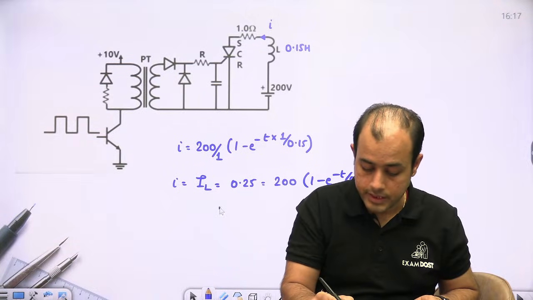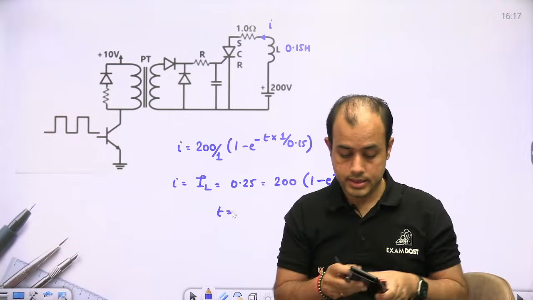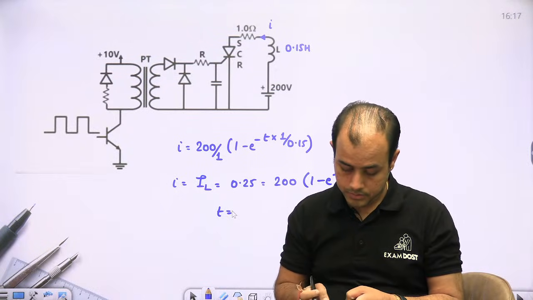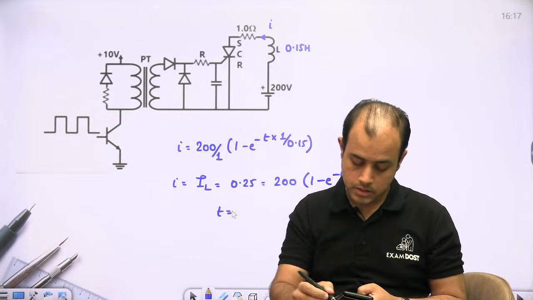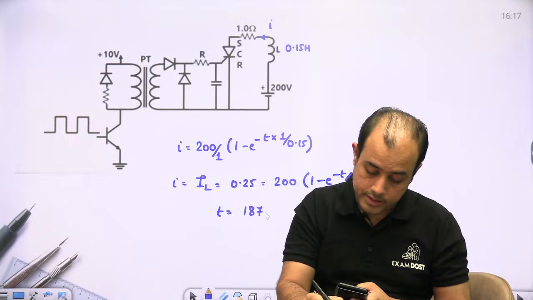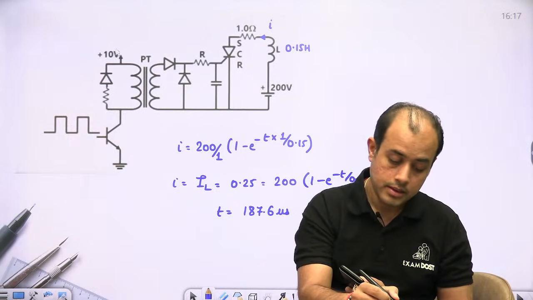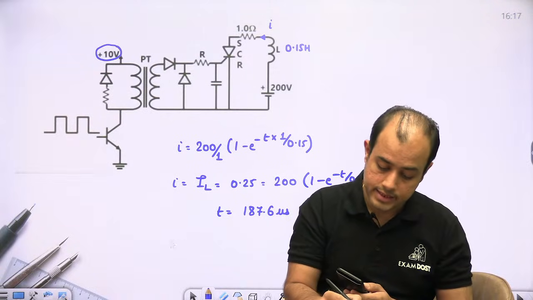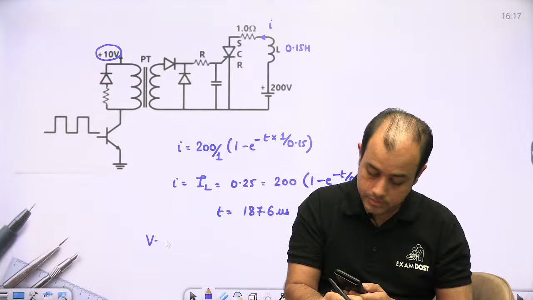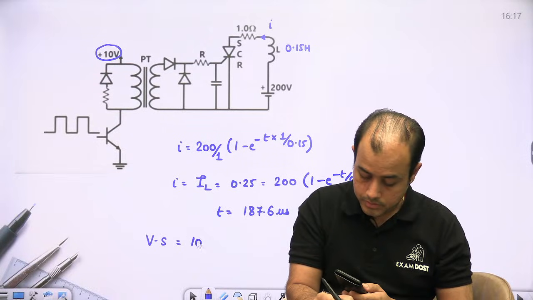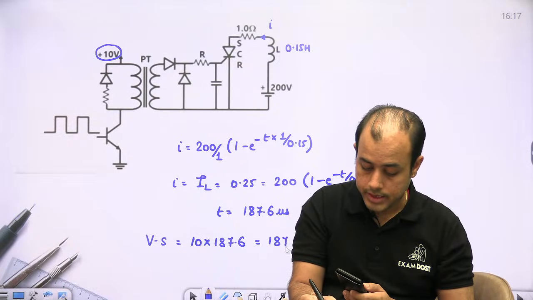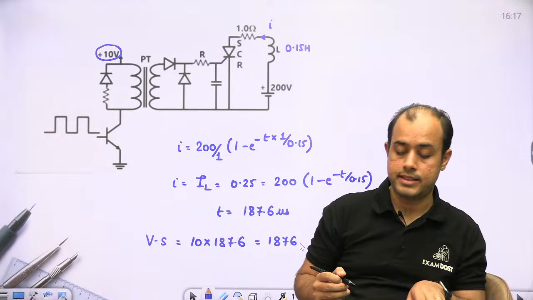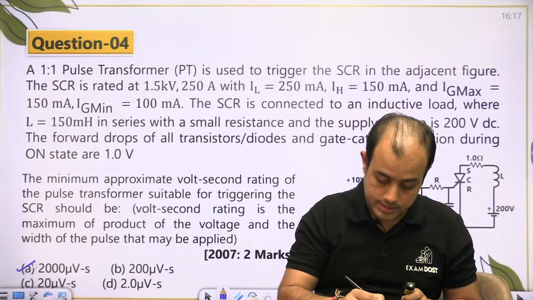So what is the value of T? T कितना आएगा? 187.6 microsecond. The voltage of supply is 10 volt. 1876. Okay, 1876. The closest answer is 2000.